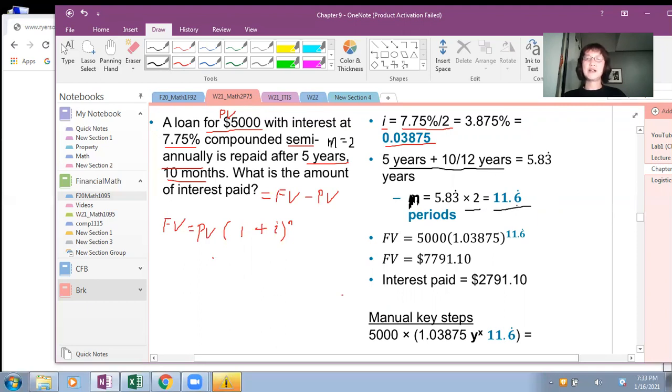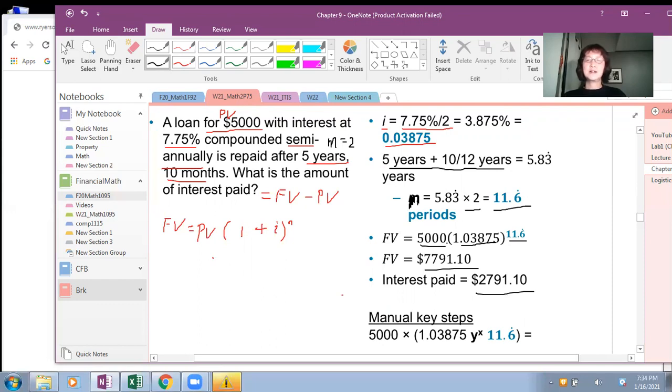The result is 11.666 half years. So this number is n, and you plug in PV, (1 plus i) raised to the power n, and you get the future value. Once you get the future value, subtract 5,000 from it, and you get the interest paid.